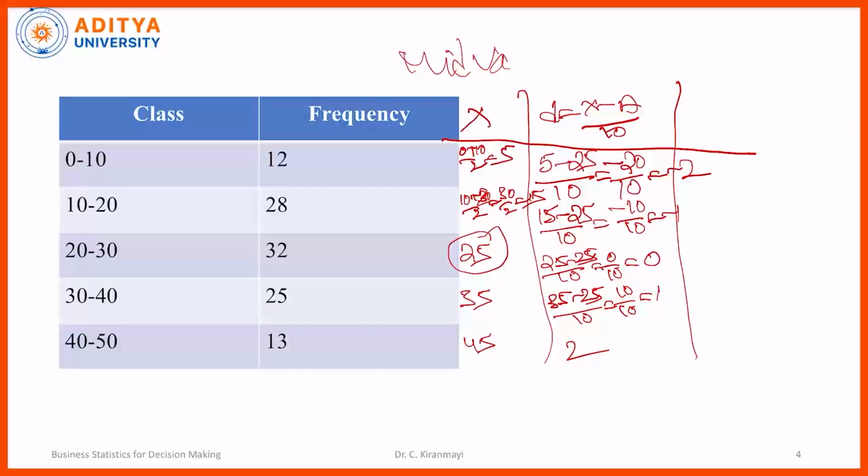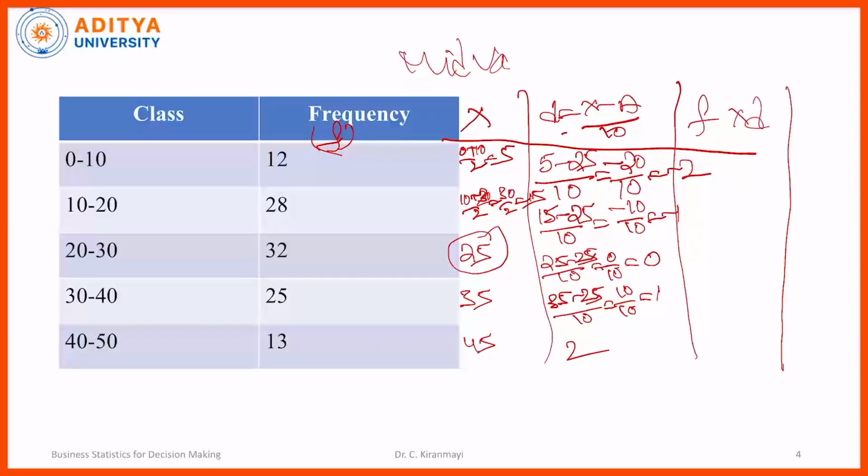So, this is how first we calculate mid values for each class interval, then obtain deviation from the assumed mean, and then find the f into d values. These are the frequencies and these are the d values.